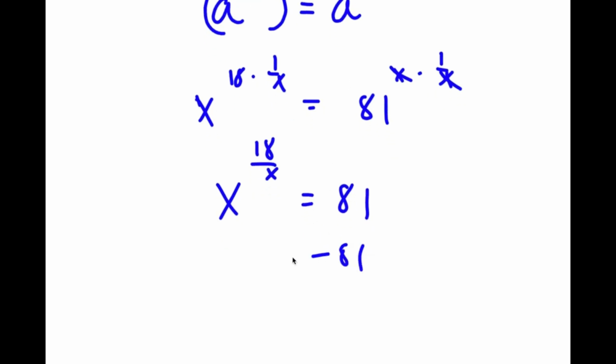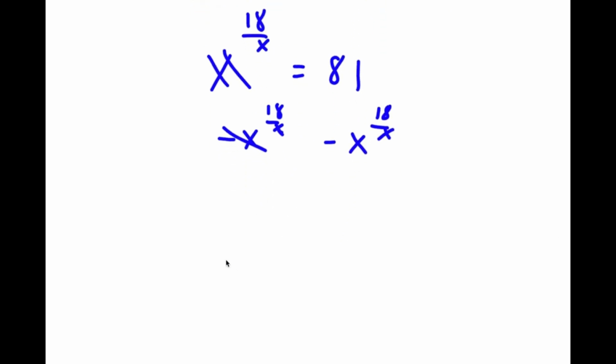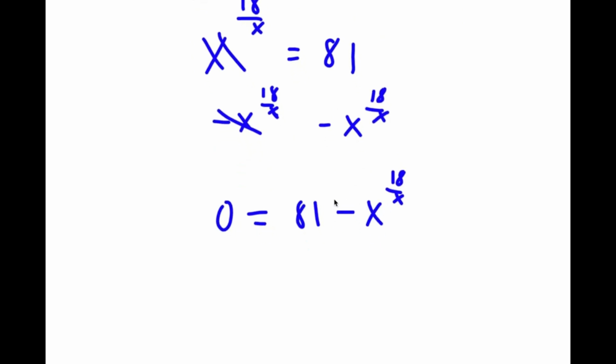Now if I subtract 81 on both sides, actually if I subtract x to the power of 18 over x on both sides, these two cancel out, and I have 0 is equal to 81 minus x to the power of 18 over x.